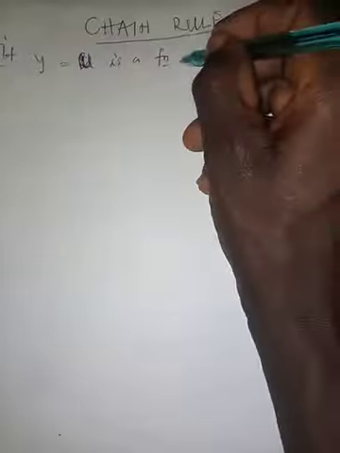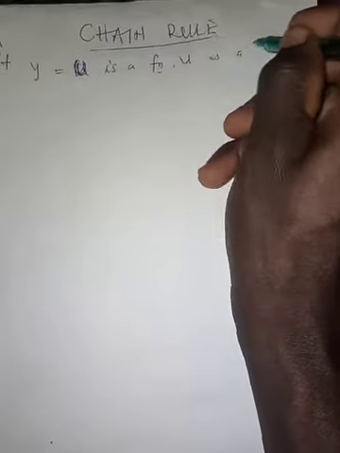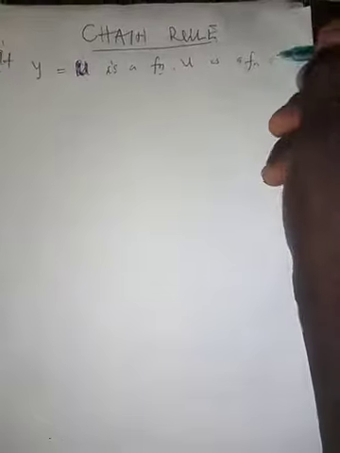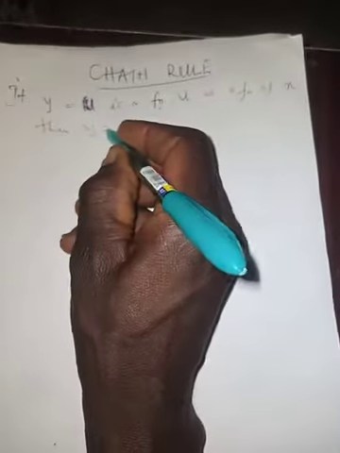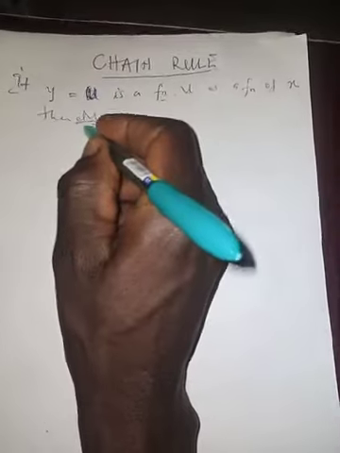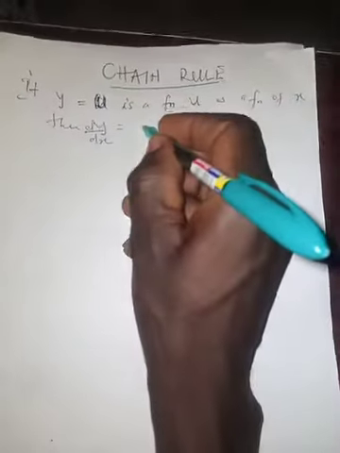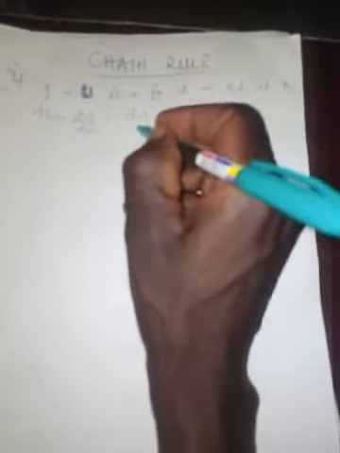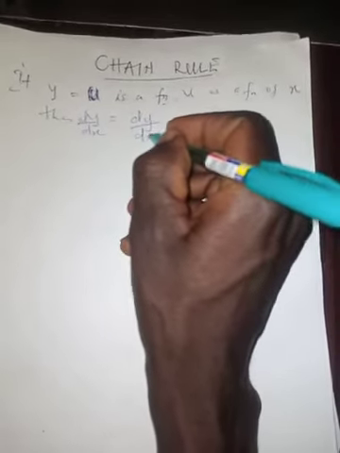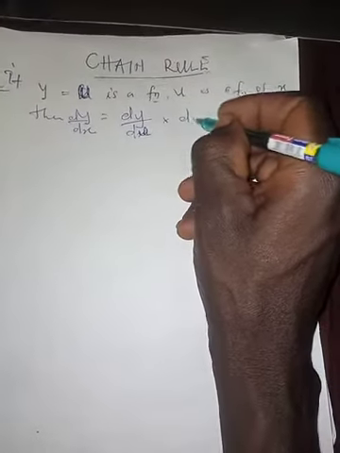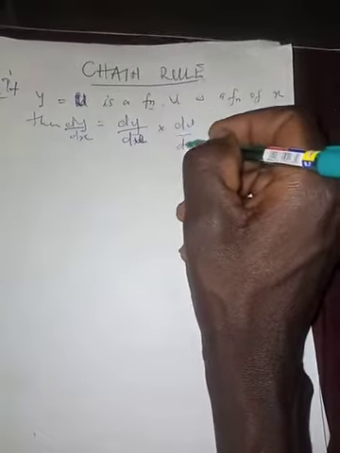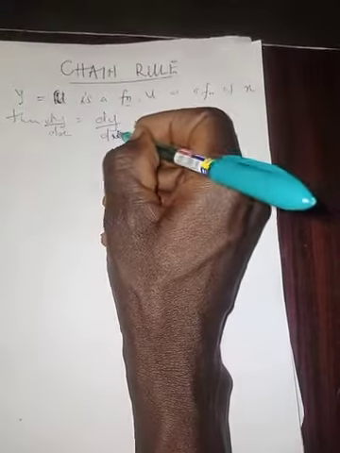If y is a function of u, and u is a function of x, then dy by dx will be equal to dy by du multiplied by du over dx. How do we apply this rule?